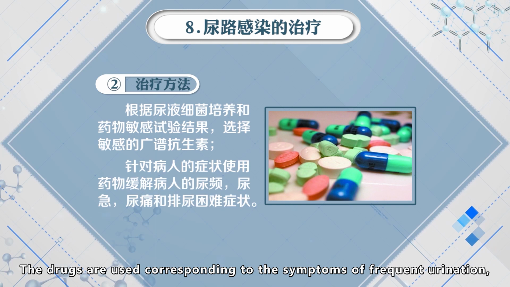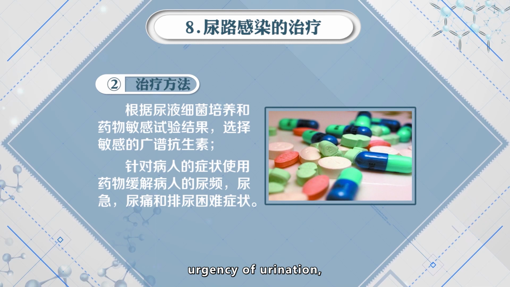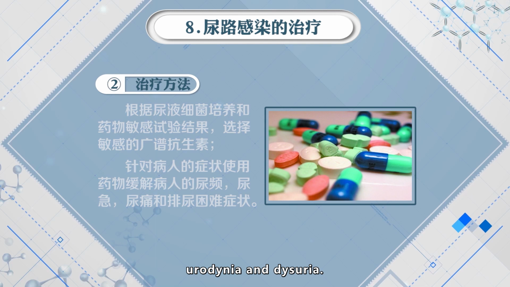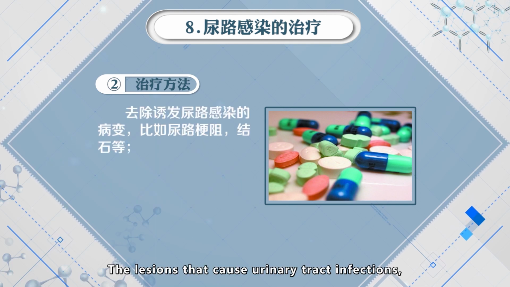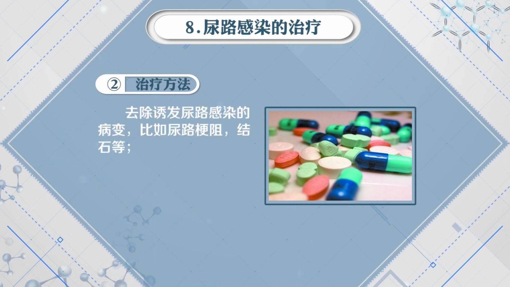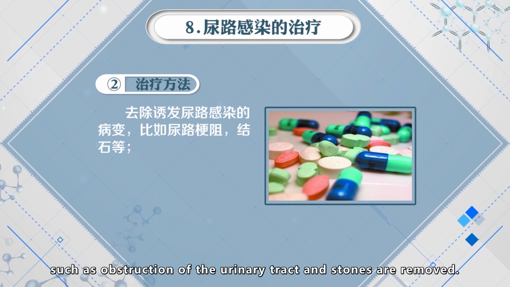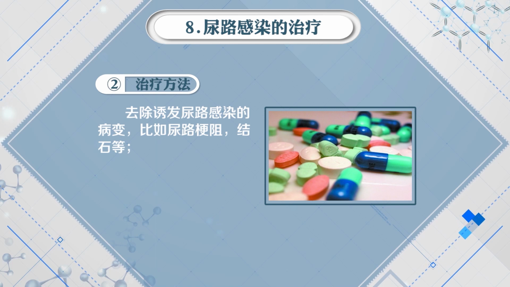The drugs are used corresponding to the symptoms of frequent urination, urgency of urination, urodynia, and dysuria. The lesions that cause urinary tract infection, such as obstruction of the urinary tract and stones, are removed.